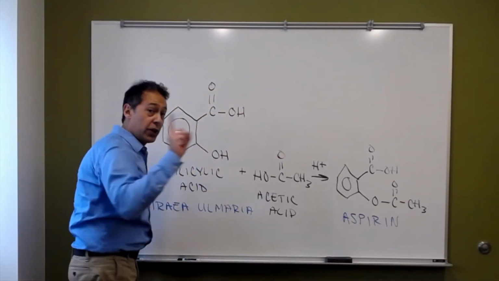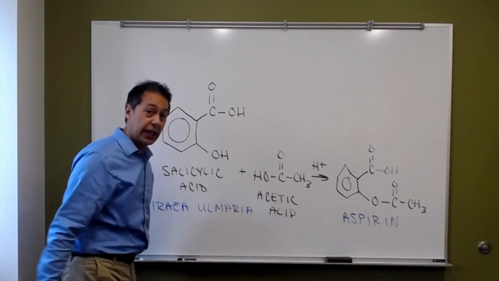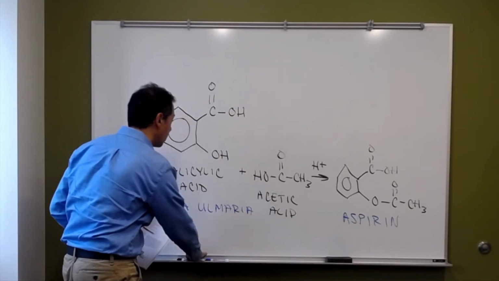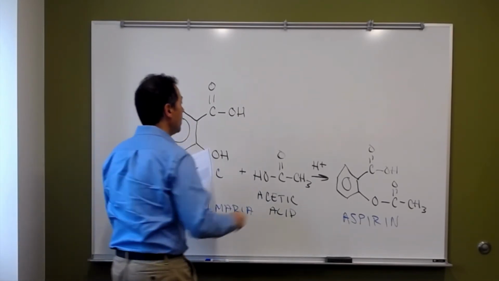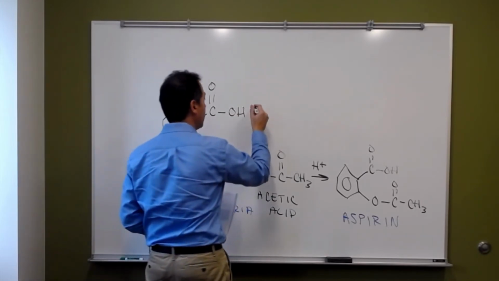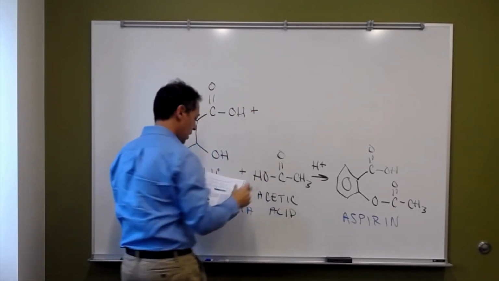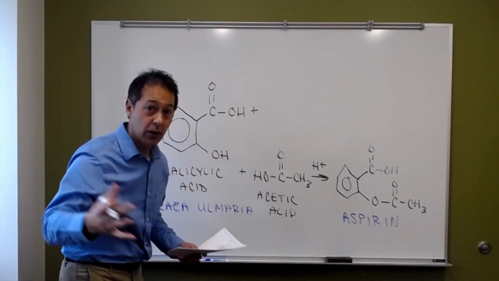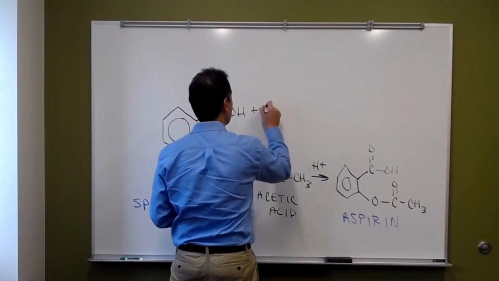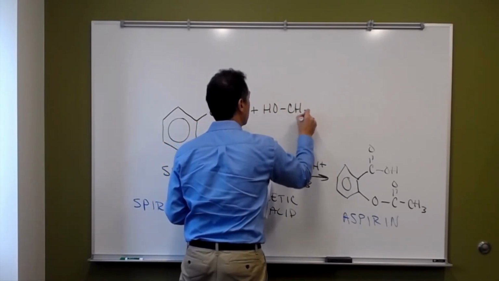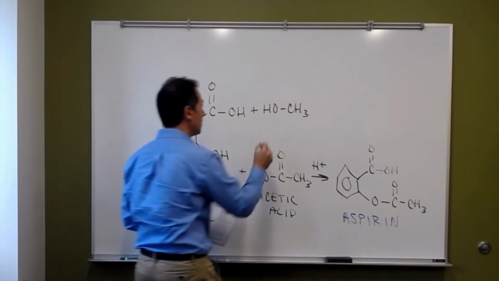Now, that's one direction we could take the salicylic acid. There's another direction we could take with this, and that is we could combine it with an alcohol. So up here, this is a carboxylic acid group, and if we combine it with an alcohol, like say methanol, wood alcohol, okay, this is methanol.